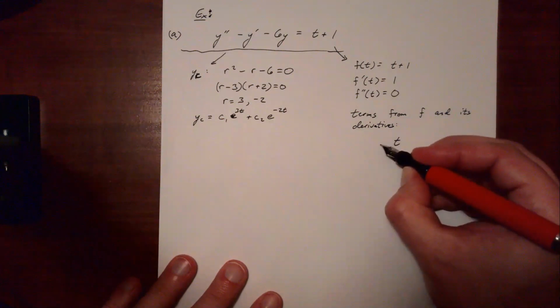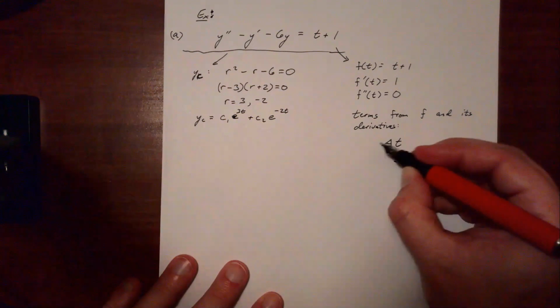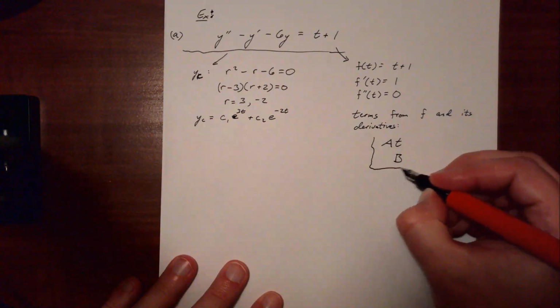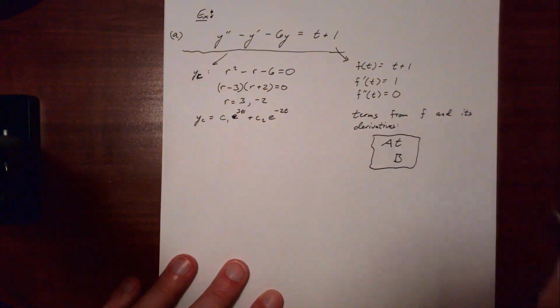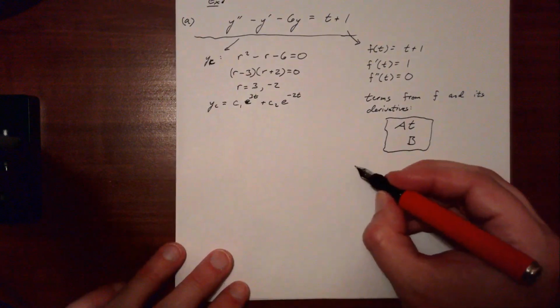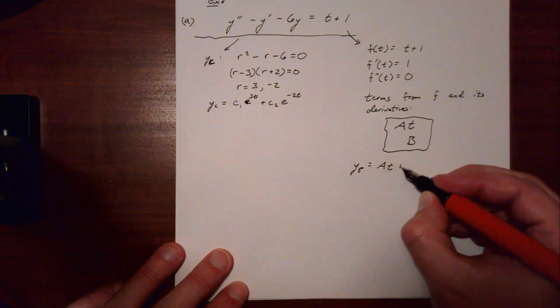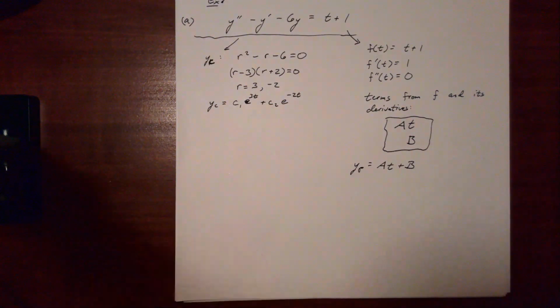In other words, if I give them unknown coefficients, it'll be just a of t and b. So these are the only terms that come from f and its various derivatives up to the order of our differential equation. And so then that means that our yp is just going to be something of the form at plus b. Well, so be it.